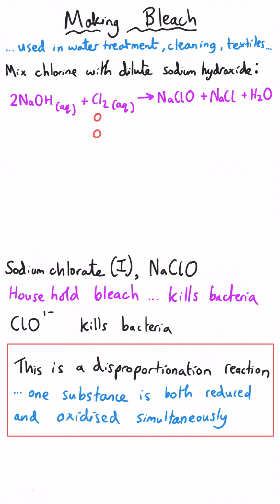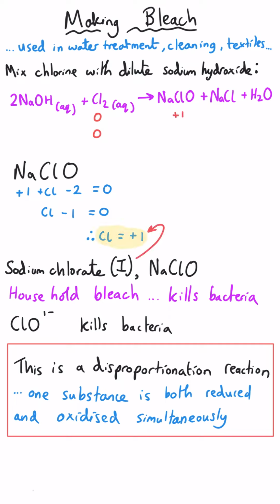Now, if we look at the two chlorine-containing products, the sodium chlorate(I) product, first of all, sodium has an oxidation state of +1 because it is from group 1, and oxygen is -2 because it's from group 6, which means that the sodium plus the chlorine plus the oxygen add up to the 0 that this overall substance has for its charge, and so that means that chlorine's oxidation state must be +1.